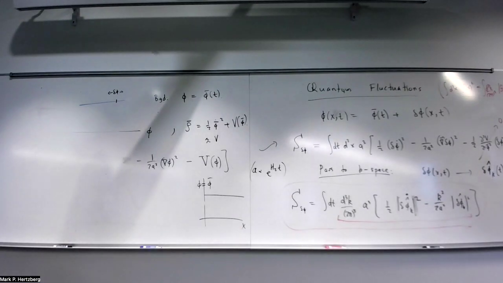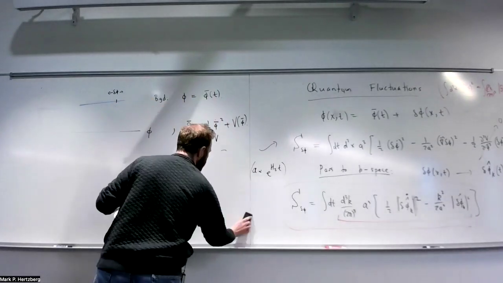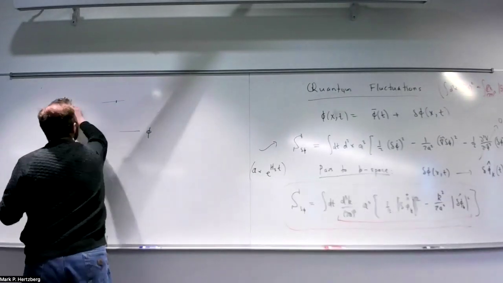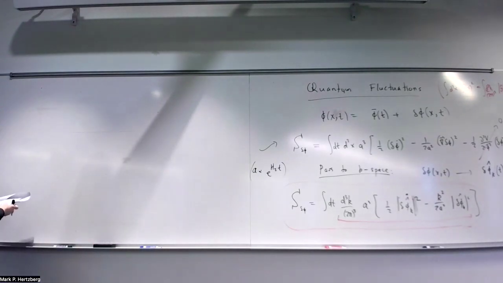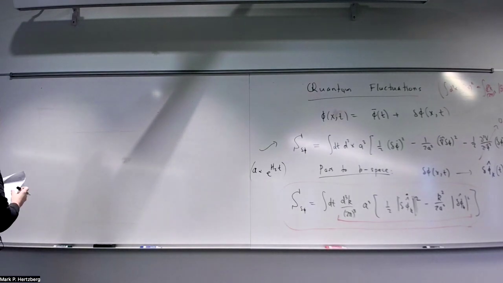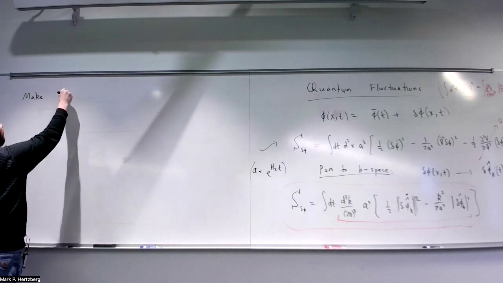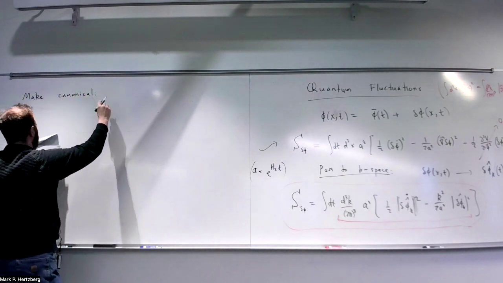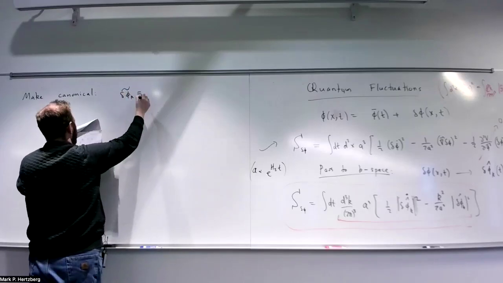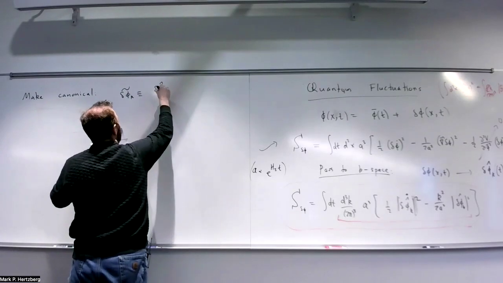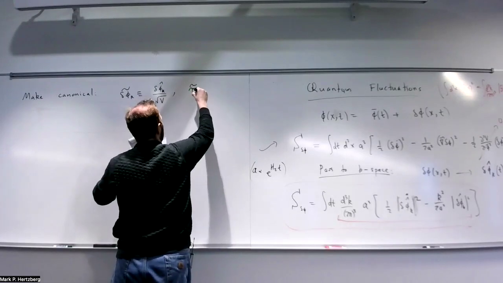We can rescale things by root V, and then the commutator is just i h bar. The notation gets a bit awkward, so I'll define delta phi twiddle and pi twiddle, with some root volume factor.